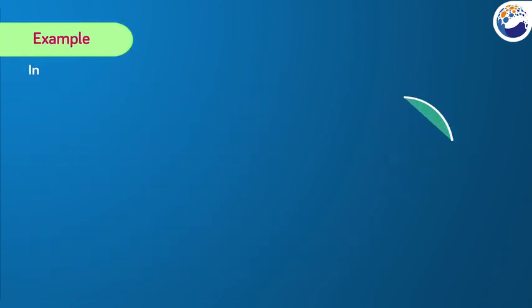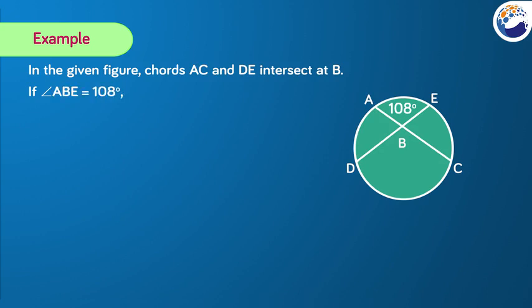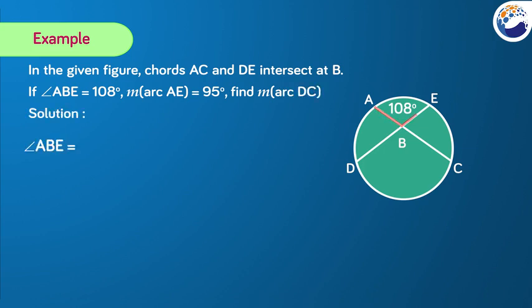Example: in the given figure, chords AC and DE intersect at B. If angle ABE is equal to 108 degrees and the measure of arc AE is equal to 95 degrees, find the measure of arc DC.